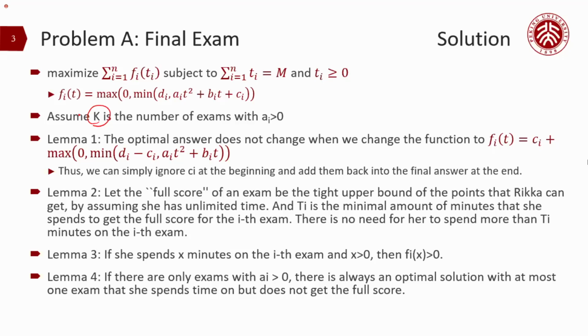To simplify the problem, we can derive that f_i(t) can be written in this way, so we can move the c_i out of the min and max functions. Then we can define some properties to help us analyze the equations. For example, we can define the full score.